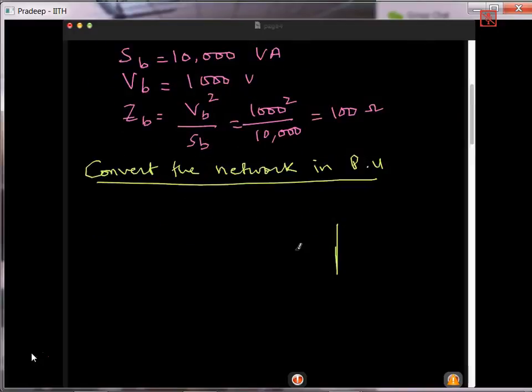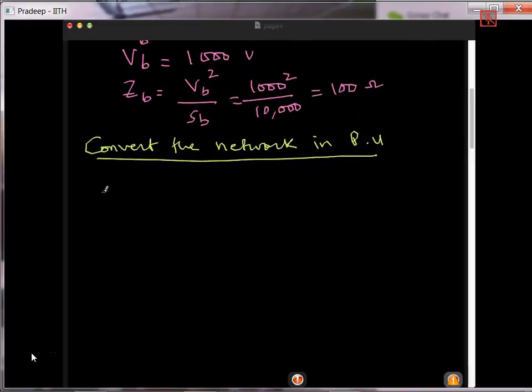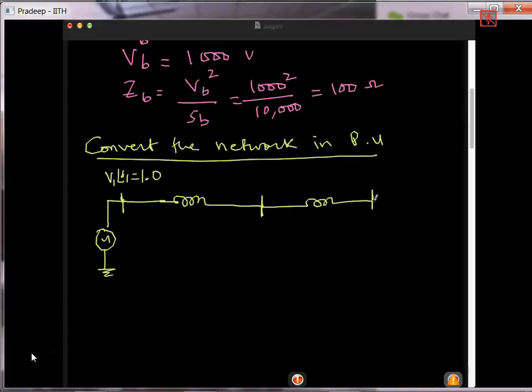So I get this is V1 delta 1 equal to 1.0. So I have a load like this. So this is V2 delta 2 and this is V3 delta 3. 100 ohms.